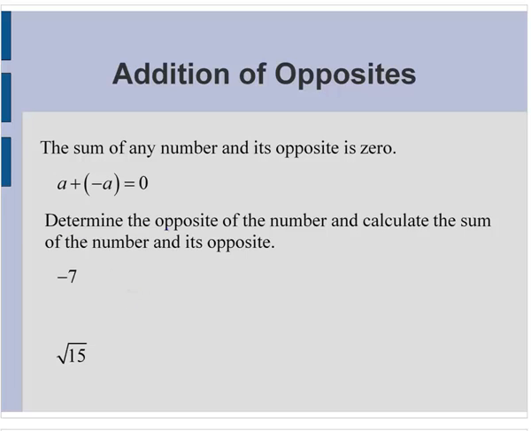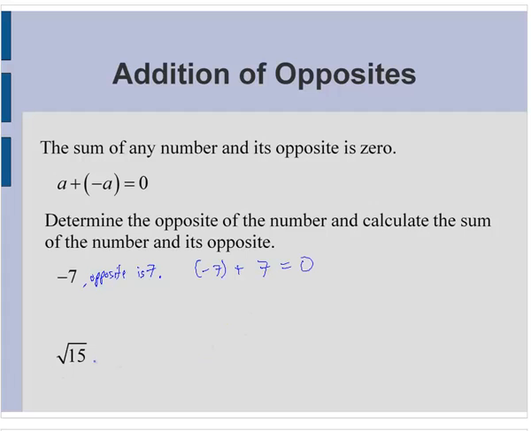We're asked to determine the opposite of the number and calculate the sum of the number and its opposite. If we're given -7, then the opposite is 7. And -7 plus 7 is 0, as they are opposites.